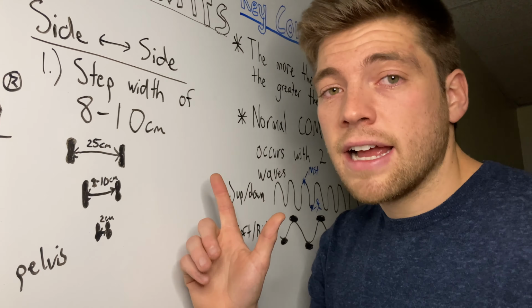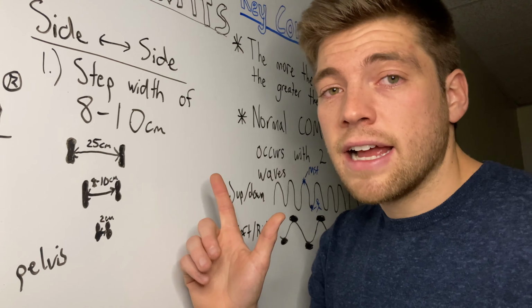And that's what this one is representing. I just made it up, like a 25 centimeter step width. The wider we go, the bigger our base of support, the more stability we'd have. However, then we're going to decrease the energy efficiency, or you could say increase the energy expenditure.